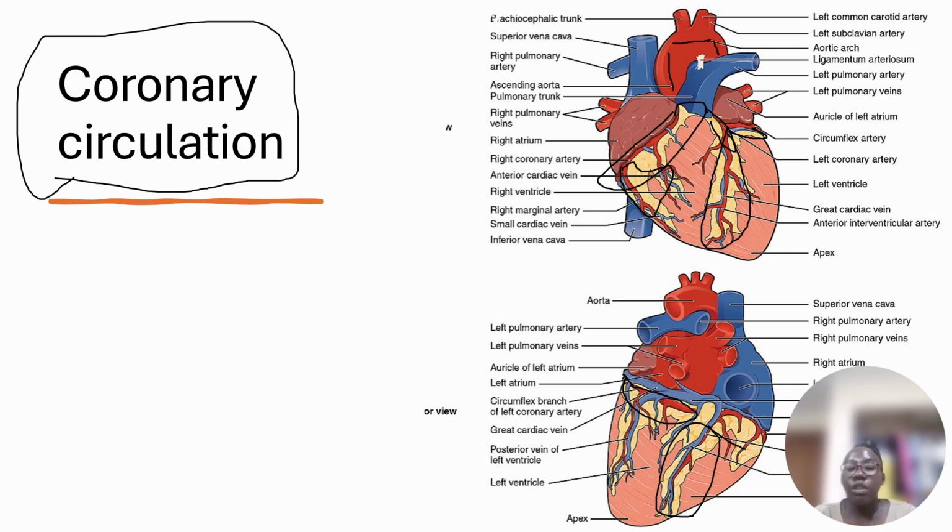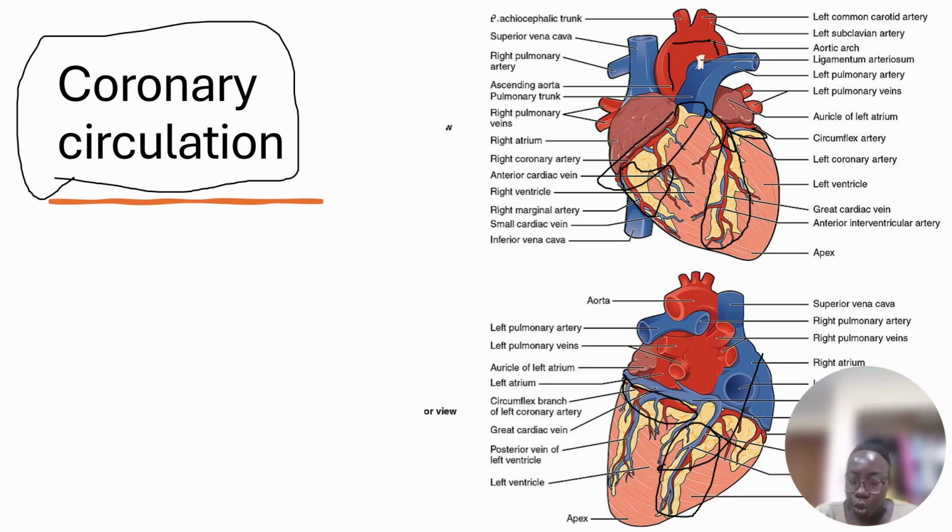And how does the blood from the heart go back? We have three main veins: the great cardiac vein, the marginal vein, and the posterior interventricular vein.